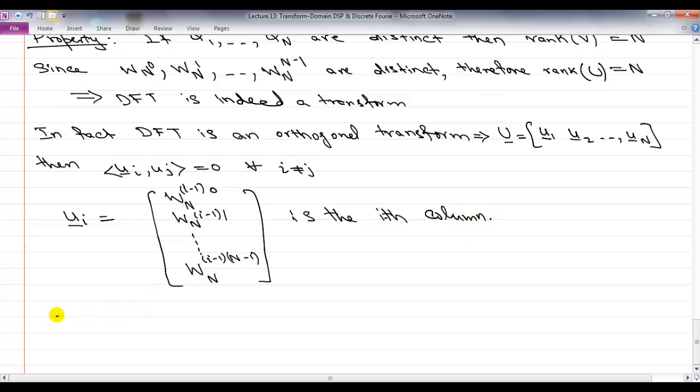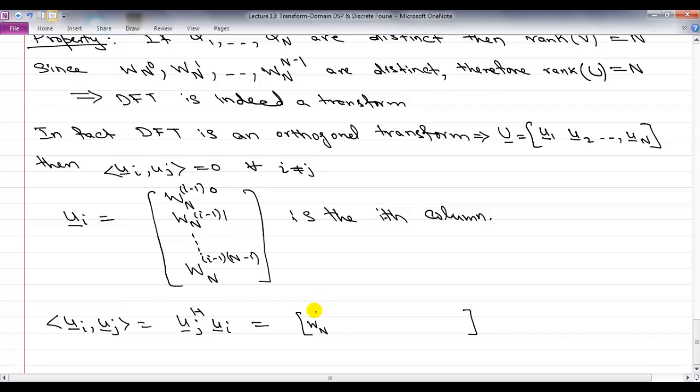So if I want to write down the inner product of Ui and Uj, which is simply equal to Uj Hermitian Ui. Hermitian means that I multiply the corresponding entries but take the conjugate of the other entry. So what does Uj Hermitian look like? Of course I take the transpose, and I take the conjugate.